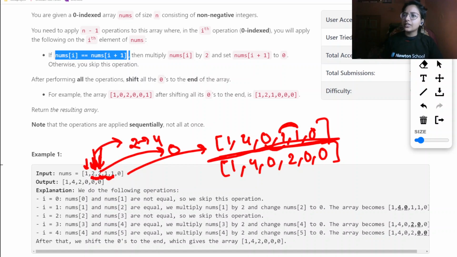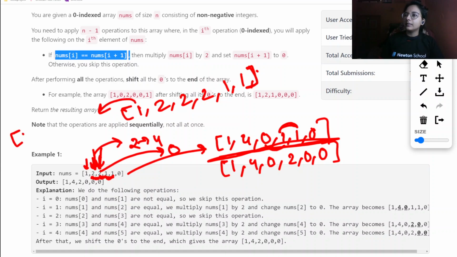The other scenario I'm describing is if by chance we were given some input like this: 1, 2, 2, 2, 1, 1. Then we perform these operations, and it would be something like 1, 4, 2, 2, 1, 1.